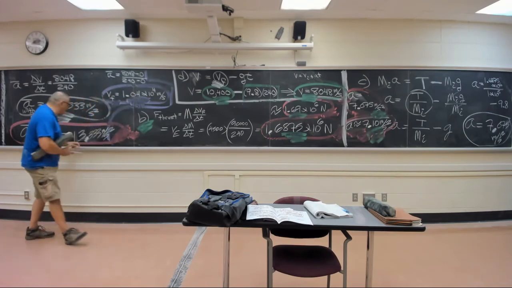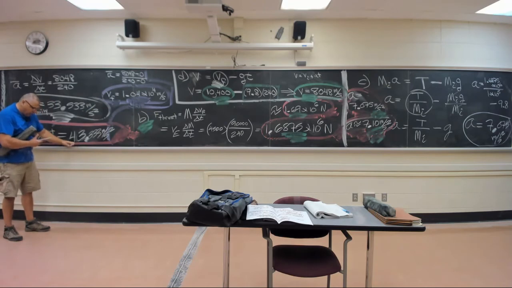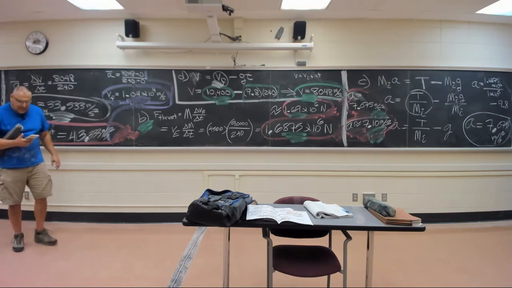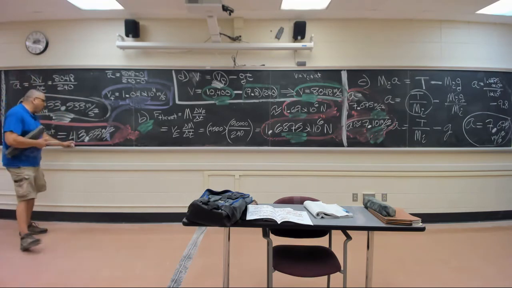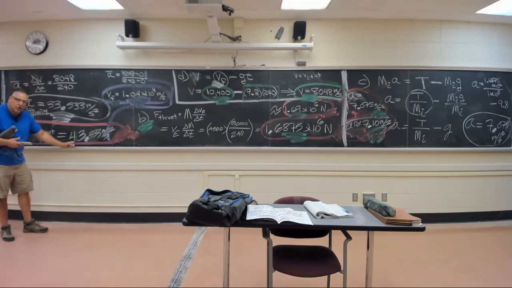If I take this guy, 43.3 times 240, sure enough, 10,400.